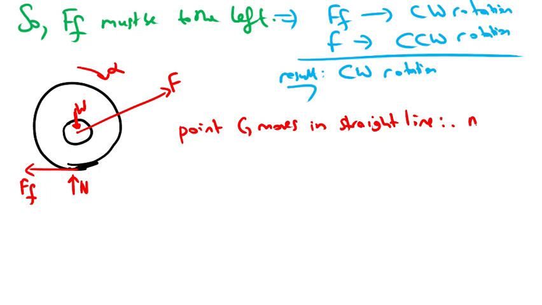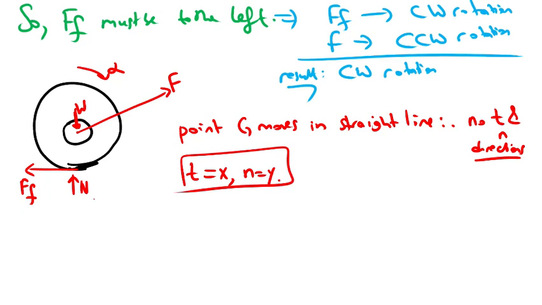Therefore, we don't have the t and n directions. T is the same as x and n is the same as y. That's the issue, that we will not use t and n directions. Okay, so let's start one by one.